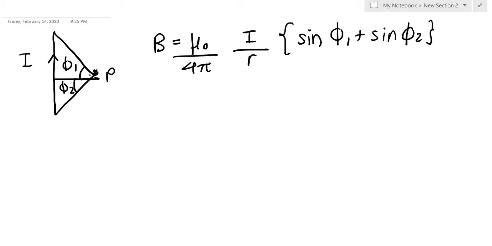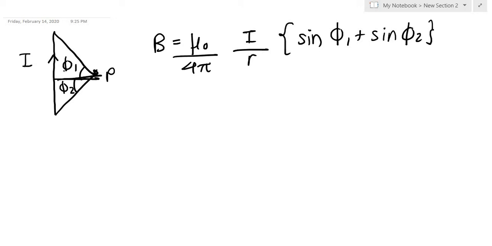And phi 1 and phi 2 are basically the angles that the top part subtends with the central part that's connected to the point where you want to find the magnetic field.